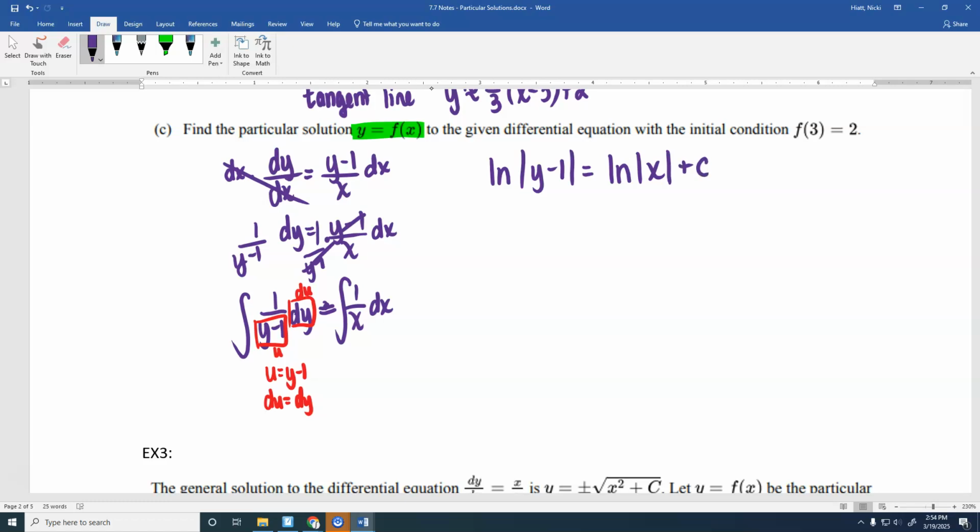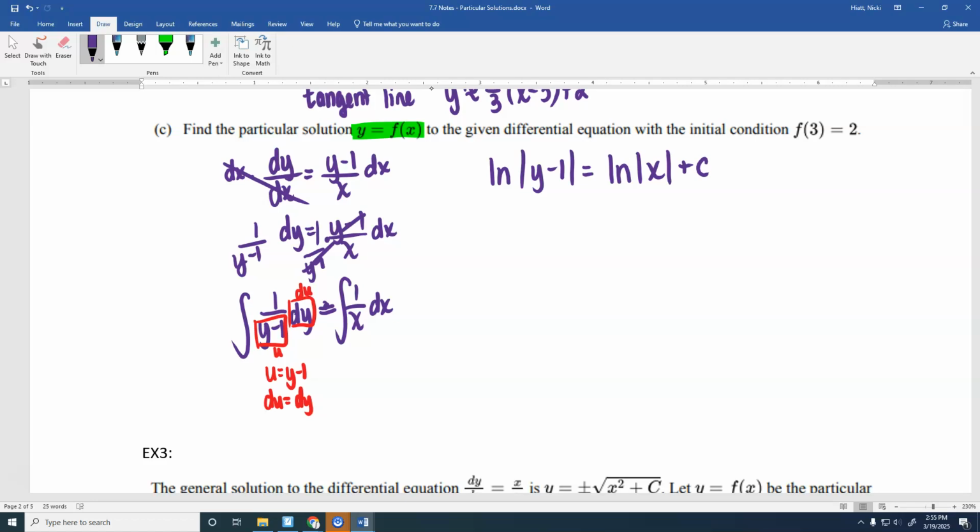Yeah. All right. At this point, you can either find the C, or you could solve for Y.